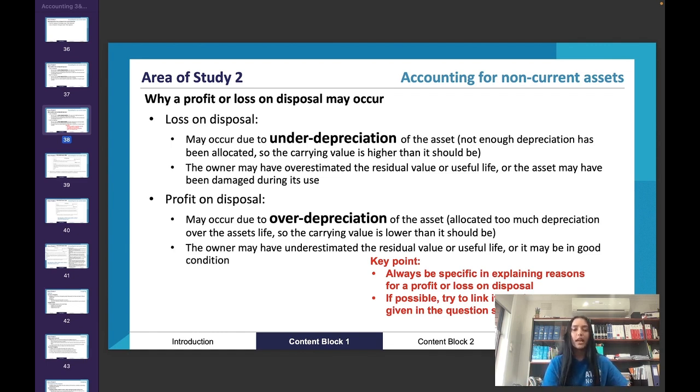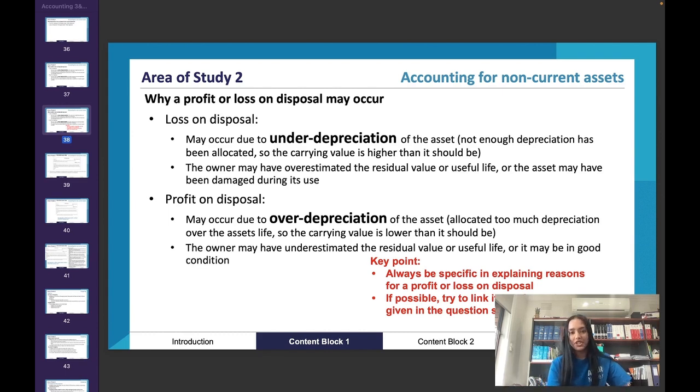You have to also explain why that under depreciation occurred. And sometimes in the question they tell you that. The question could say, the business had a van and the van was damaged. Or they could say, the business had a computer and someone accidentally spilled water on the computer and so it got damaged.